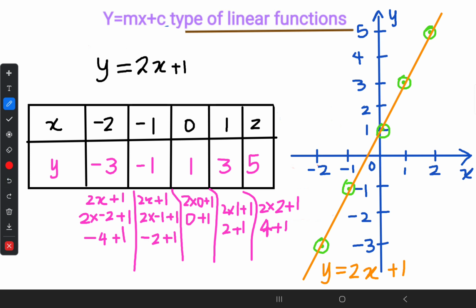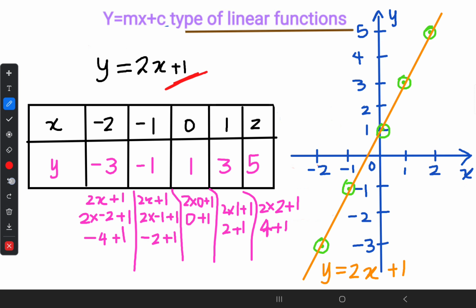Okay, that condition was satisfied. Second one, look at this intercept. The gradient means the slope with respect to the x-axis. It might change according to the gradient value, but it should create an acute angle with the positive region if positive, and with the negative region if the gradient is negative.